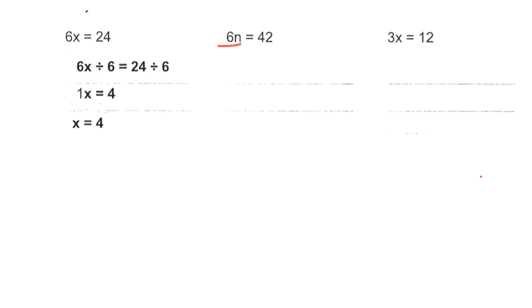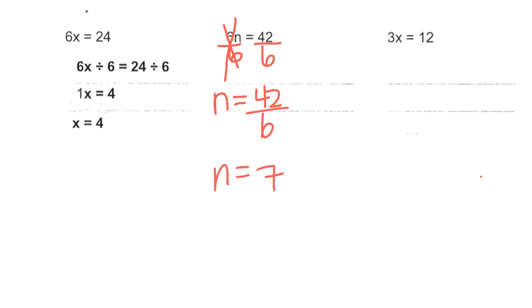I'm going to divide by 6, and that will cancel out both 6s on the left-hand side. And I have to divide by 6 on the right-hand side as well. So what I'm left with is n equals 42 over 6. And that's just an improper fraction, or another way to look at division. And I know that 42 divided by 6, or what times 6 equals 42, is going to give me 7.